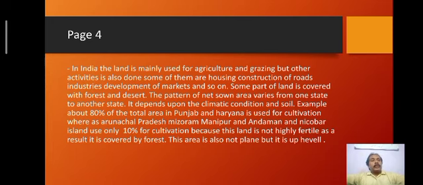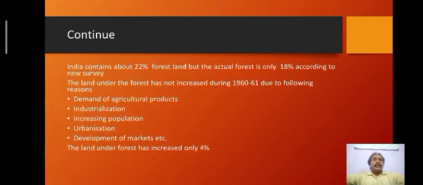Now come to the next question. The other part of that question is why, from 1960-61, the forest land has not increased. So India contains about 22% forest land, but the actual forest is only 18% according to the new survey.